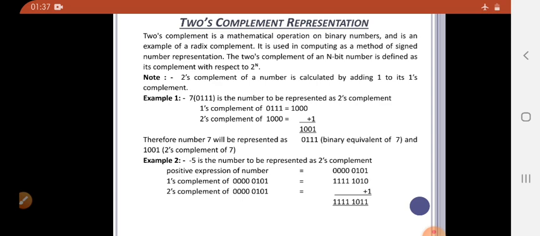But whenever we find this type of thing, you always keep in mind that the total number of numbers which a word of n bits can represent using 2's complement representation is 2 to the power n. Here you can say a 4-bit word can represent 2 to the power 4 equals 16 numbers.